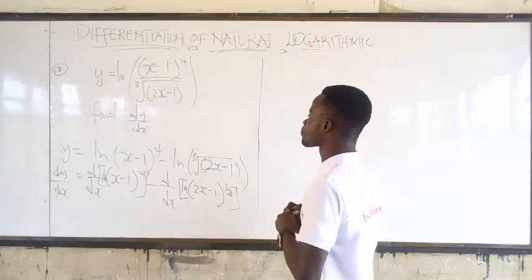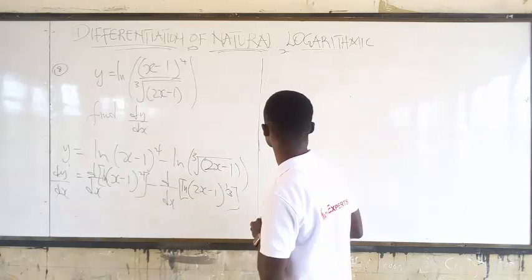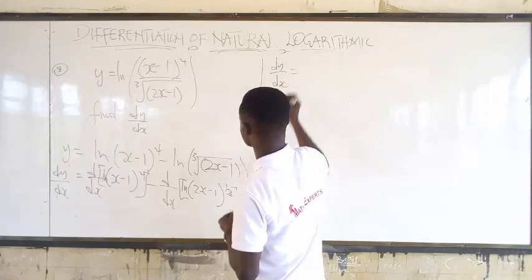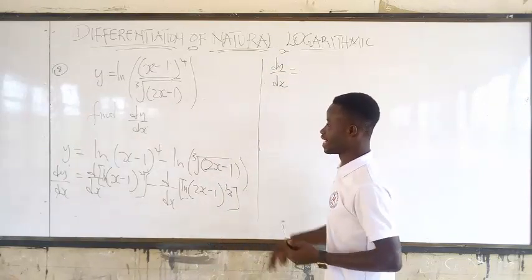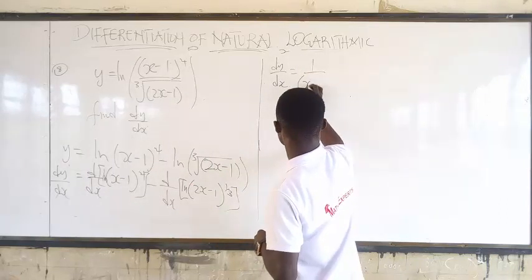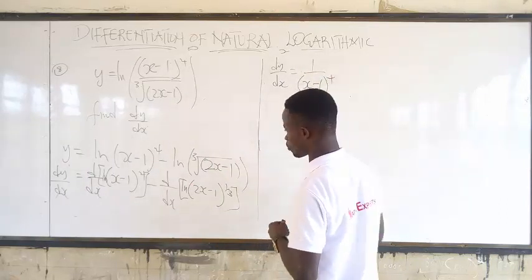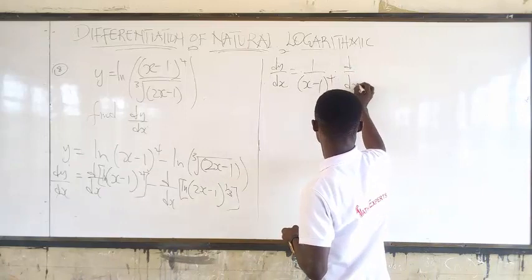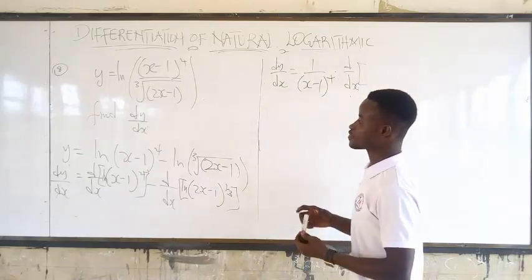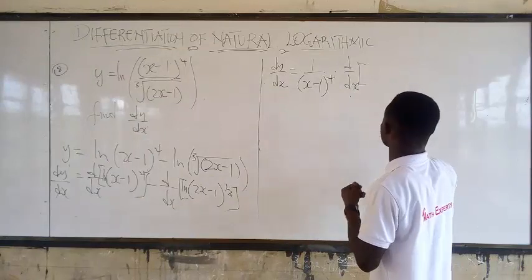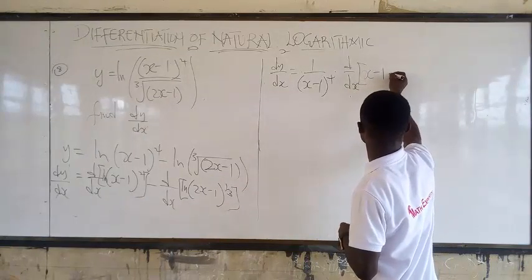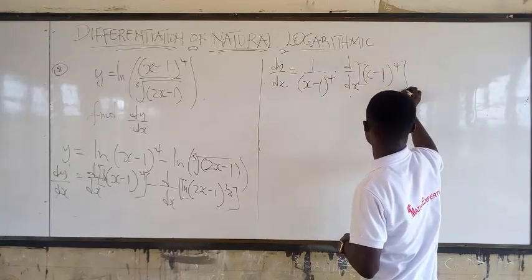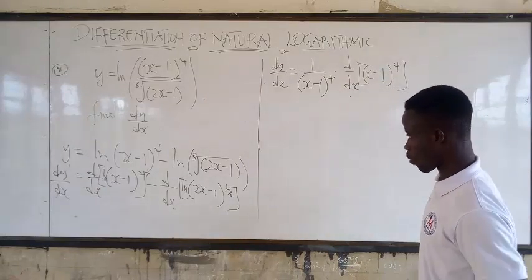So when you differentiate this one, dy/dx is equal to 1 over the inside, which is (x minus 1) to the power 4, times the derivative of the inside, (x minus 1) to the power 4.